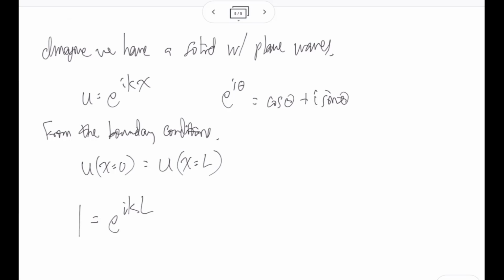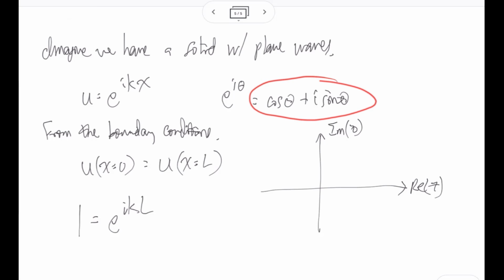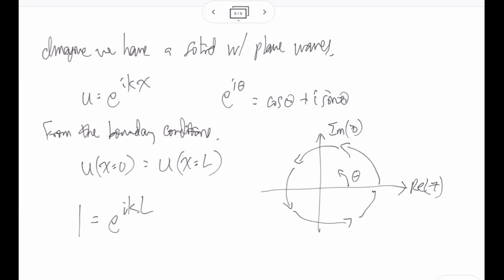If I think about e to the i theta in this form, one way that you can plot this is in something called the Argand plane. This axis is the imaginary part of z, and this is the real part of z. z is a plus bi, some real number plus an imaginary number. And this is theta, and as a function of theta, this equation will send you around the circle.